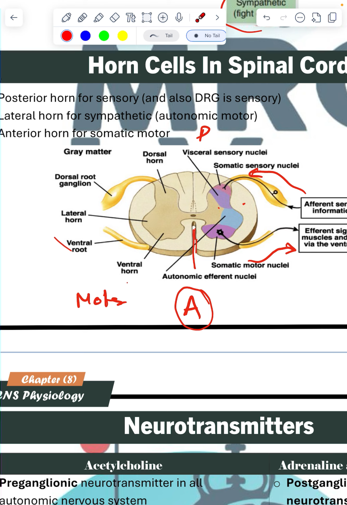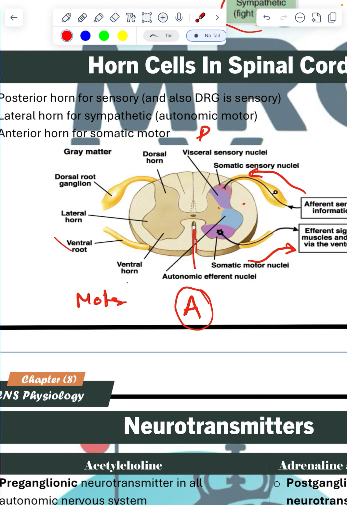So always the ventral part, if you divide anteriorly, is motor. How to remember? In a car or any vehicle, the motor is on the anterior side, so it is motor nuclei, and posteriorly there are sensory things, and this is the lateral horn.